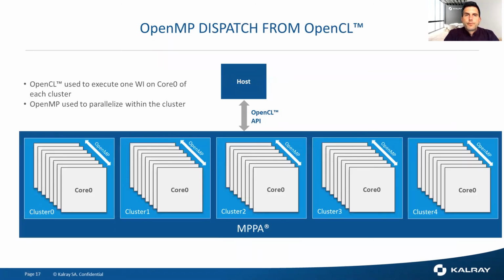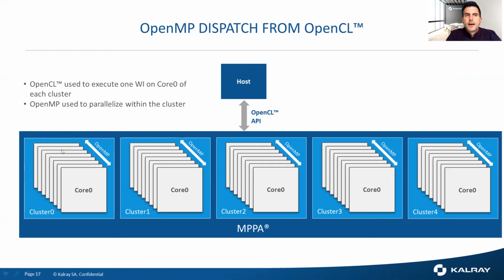So quickly, an overview of the OpenMP Dispatch from OpenCL. This is an idea that we stole from Texas Instruments. They do that on their DSP. So basically, in this case, you use the OpenCL API to dispatch one instance of the kernel function on core 0 of each cluster. And then once inside the cluster, the dispatch within the cluster is handled using OpenMP.